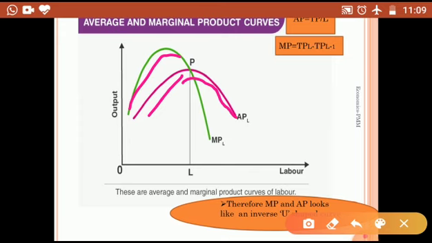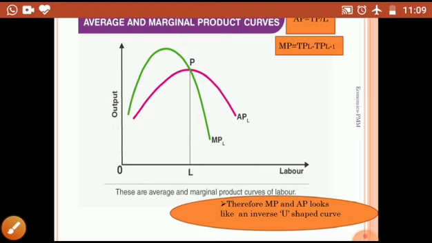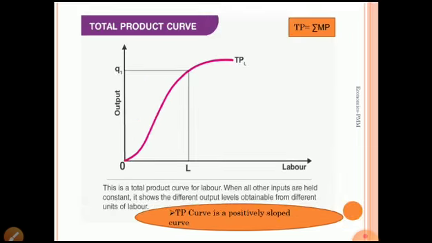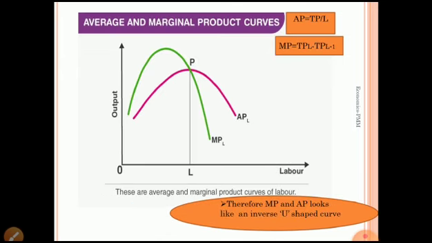The point to be noted here is that the marginal product curve, that is the green line, is more sensitive, or you can say more fluctuating, more inconsistent in increasing as well as decreasing. Whereas the average product curve is more consistent, a more stable curve, where it goes on increasing and then starts declining.